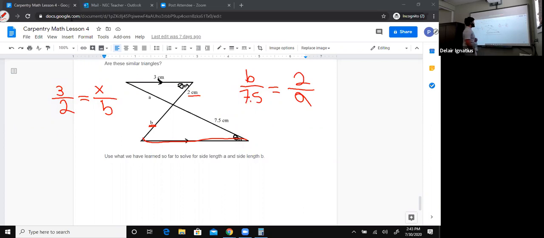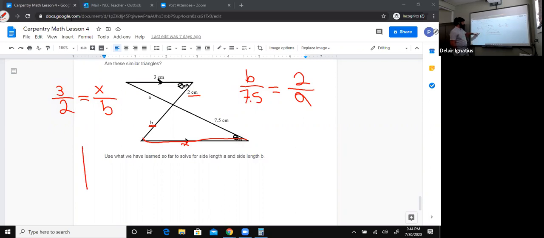So 3 over 2, unless I'm making a mistake in which sides are related. So the 3 is definitely related to X. The 2, yeah, is definitely the same side as B. Or do we not have enough information?